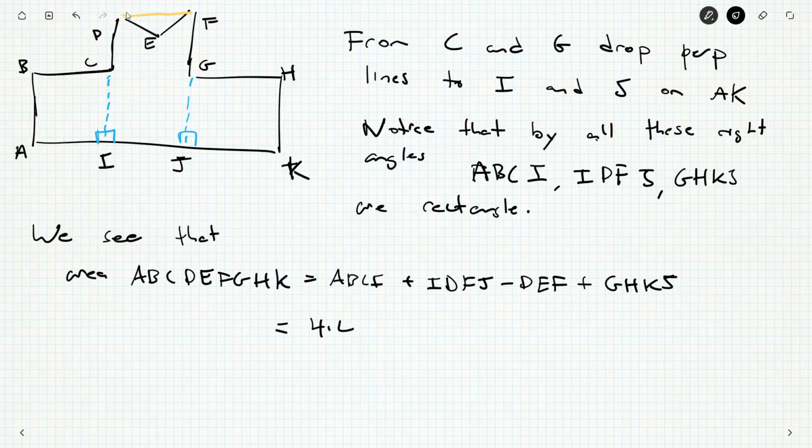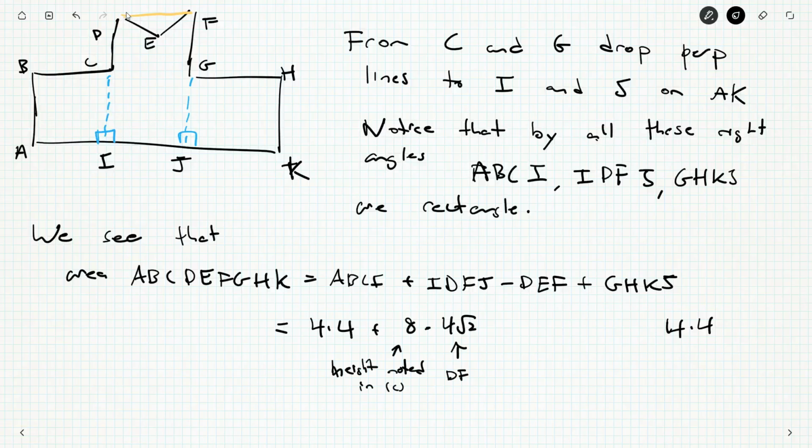So this is a 4 by 4. This one here is a 4 by 4. This is 8. The height was noted in C. Times 4 root 2. DF that we figured out in A, minus 8.